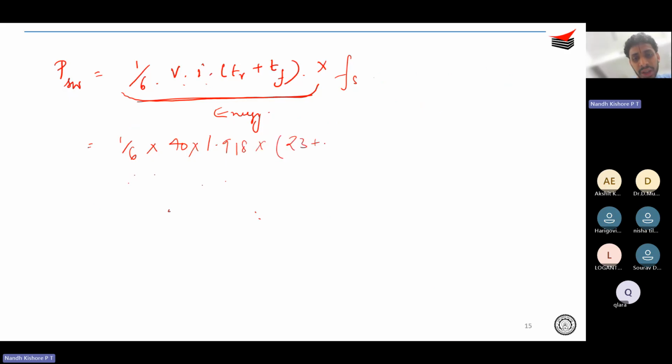So 23 nano plus 20 nano, 10 power minus 9, into Fs. Fs is 50 kilohertz, 50 into 10 power 3. So how much does it turn out to be? 40 into 1.918 into 43 into T by 6.